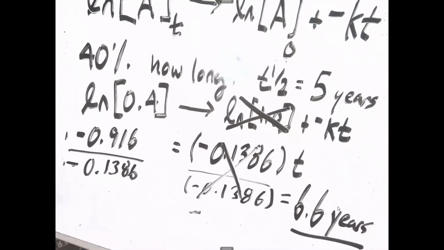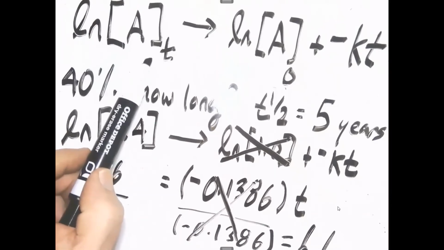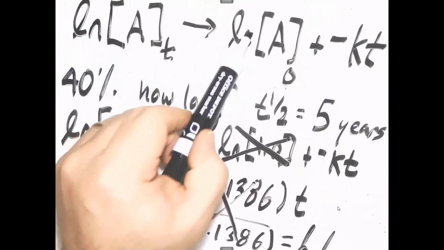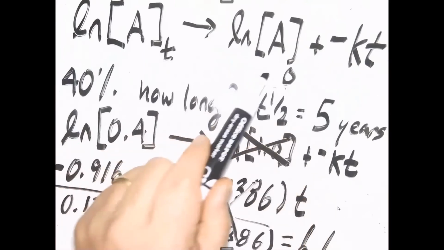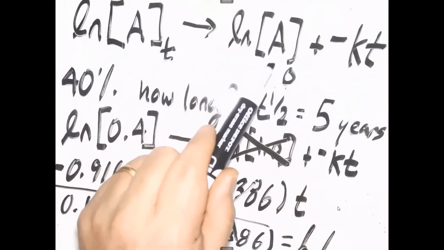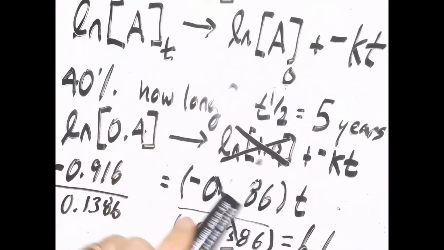So if you're asked to do a percent, you're going to use this formula, natural log of a sub t, the amount at some time t, equals the natural log of a sub 0 at time 0 plus negative kt. And if you set it up so that your starting amount is 100%, that just becomes 1. And then natural log of 1 is 0, so we just get rid of it.